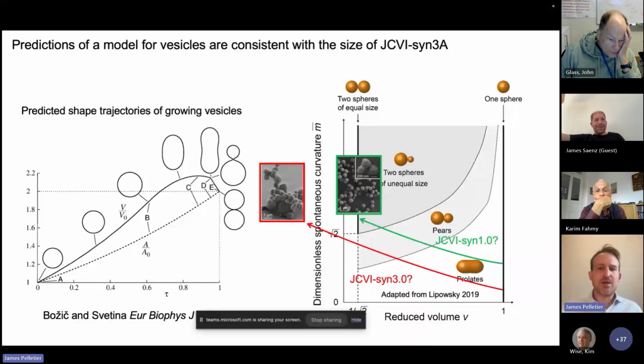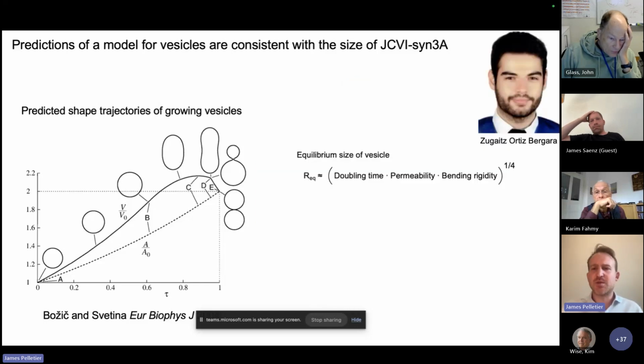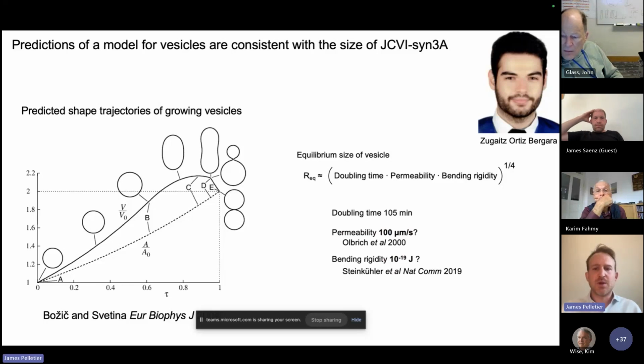So in other words, maybe Syn 3.0 just doesn't generate as much membrane curvature as Syn 1.0, and there are many ways in which a cell could generate membrane curvature. Furthermore, from this work from Sasa Svetina with a master's student, Gaitz Ortiz, there's an expression in this paper that the size of the vesicle should be a function of the doubling time, related to the growth rate, the membrane permeability to water, and the bending rigidity of the membrane. We know the doubling time from experiments. We haven't yet measured the permeability.